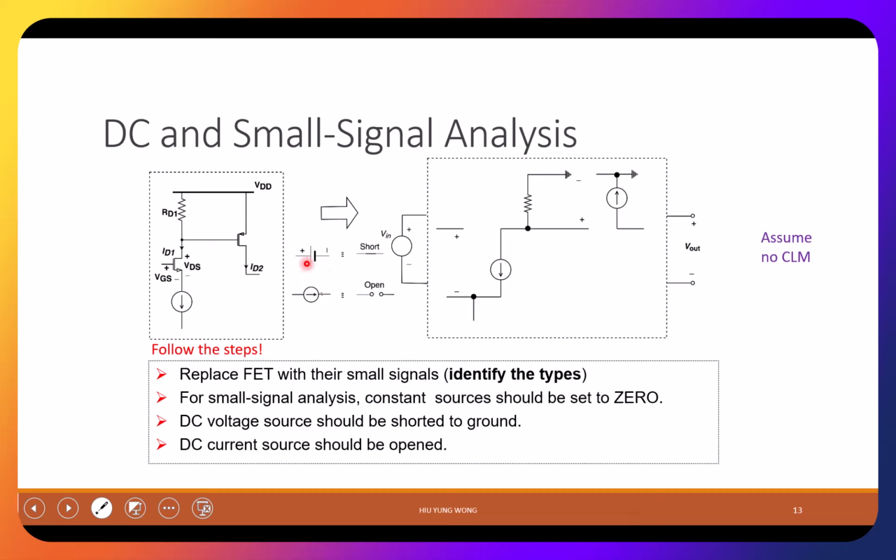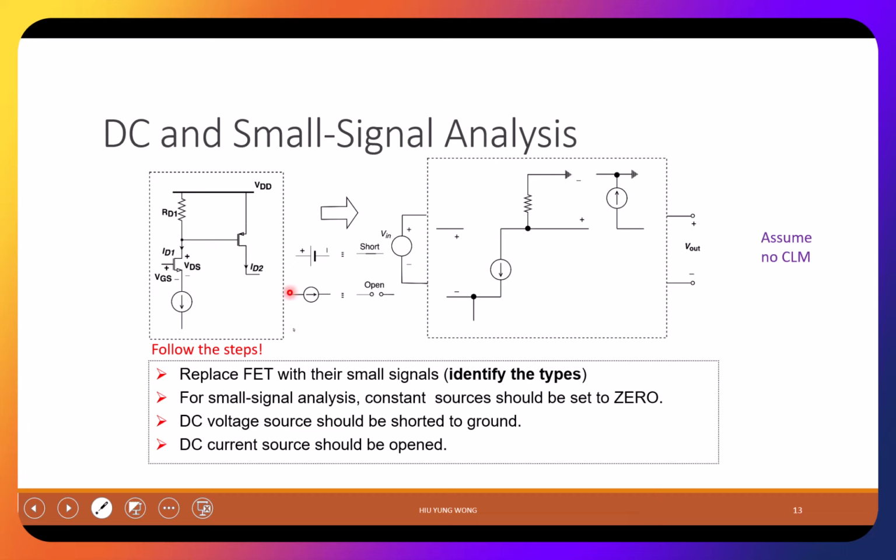Yes, because it's constant voltage, then of course across that two points, you have a constant voltage. So there's no AC, right? Because there's no change. 5 volts is always 5 volts. You do not get plus minus 1 millivolt or even plus minus 1 nanovolt, right? So in the small signal, it is short.